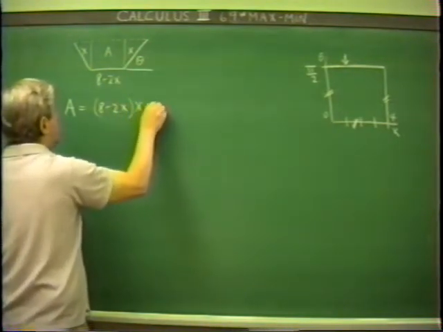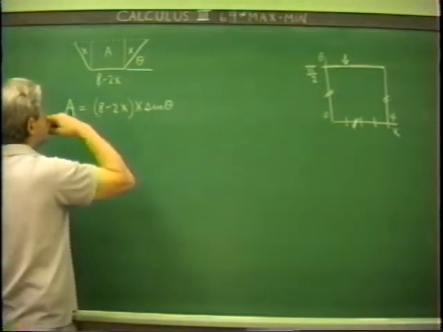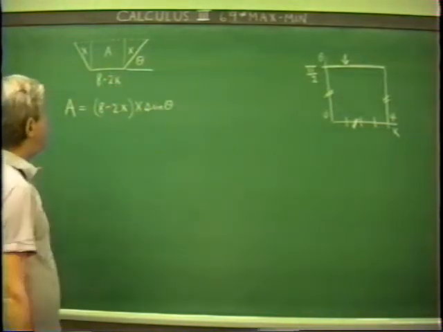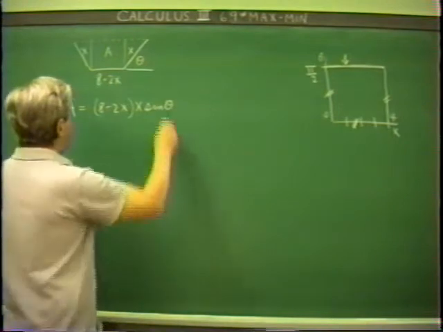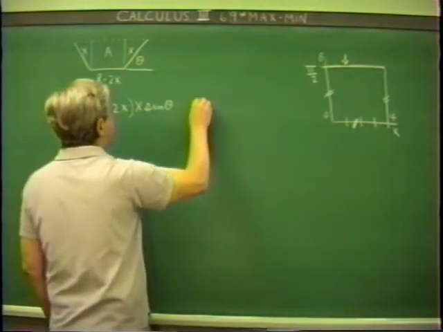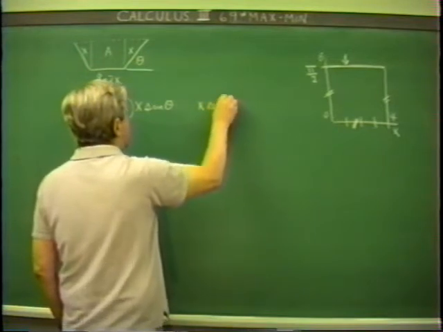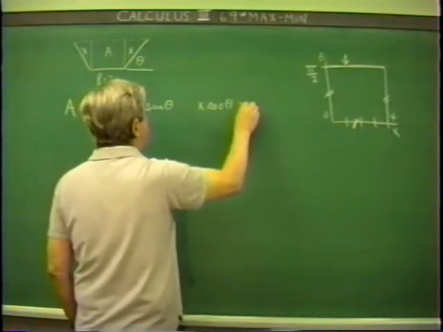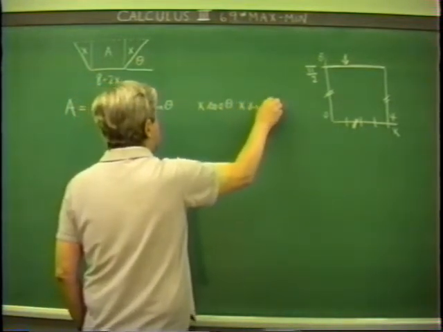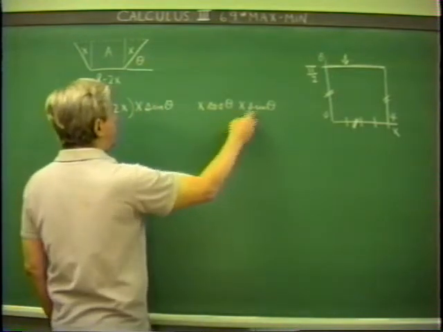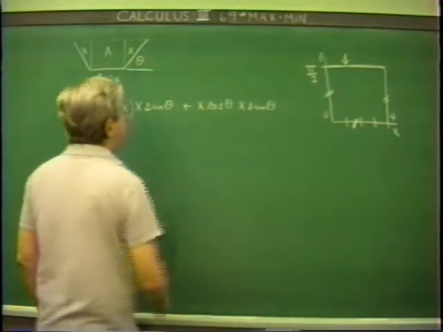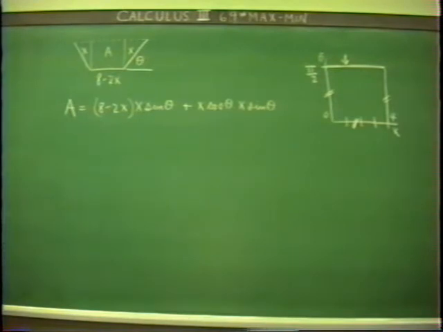This rectangle inside here is going to be 8 minus 2x for its base, and it's going to have x sine theta for its height. We have two triangles here. The base of the triangle is going to be x cosine theta, and the height's going to be x sine theta. And since we've got two of them, we just add this on here, and this will give us the total area.